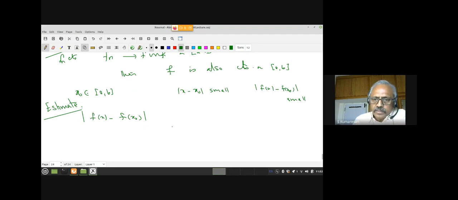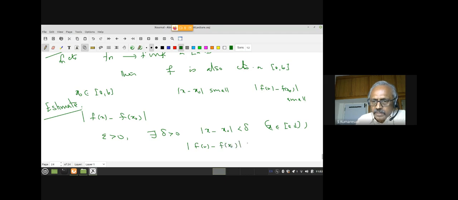So what do I want? Let us make it quantitative. This means you are going to give me an epsilon positive, then I have to find a delta positive, so that whenever mod x minus x naught is less than delta, of course x etc. are in AB, then mod f x minus f x naught should be less than epsilon.